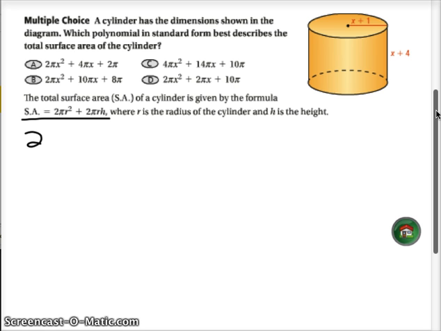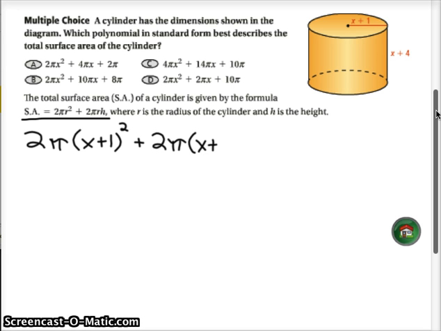So we have 2 pi r squared, well, the radius is x plus 1, so x plus 1 squared plus 2 pi r, and again, r being x plus 1, h. And the height is x plus 4.